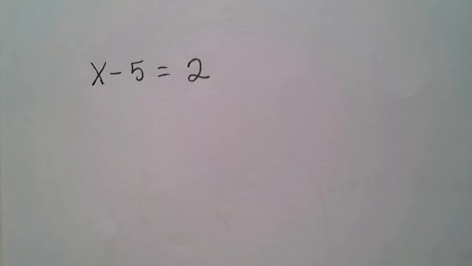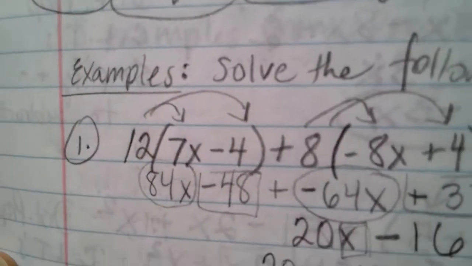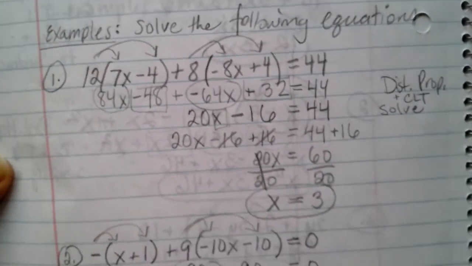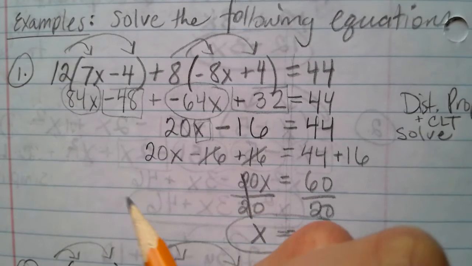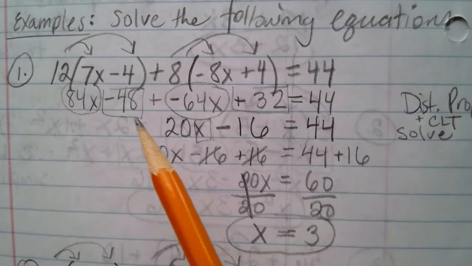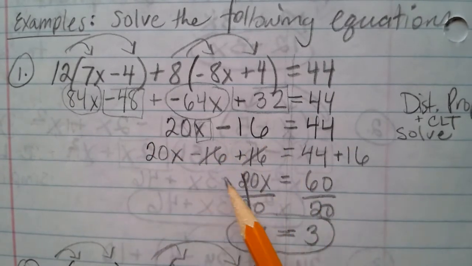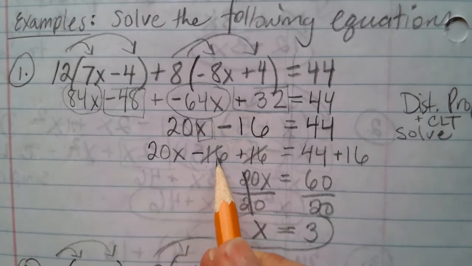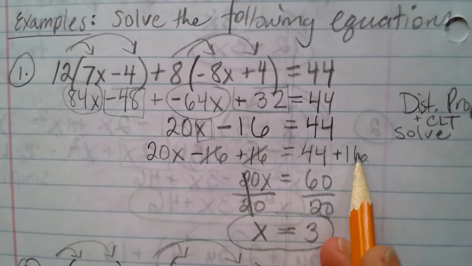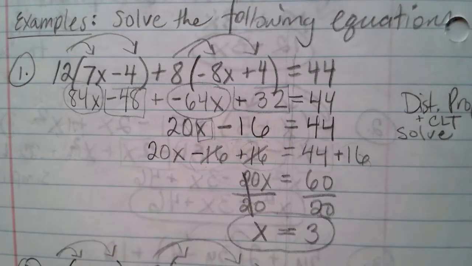And my reason is because it's going to get a lot more difficult. Let me show you an example. So you're eventually going to be solving multi-step equations in the future, not this year, but next year. And when you do so, you have to be very organized and systematic with your thinking. So you can see here that there are some inverse operations involved, where if you see a minus 16, I added 16 to both sides to undo this term.